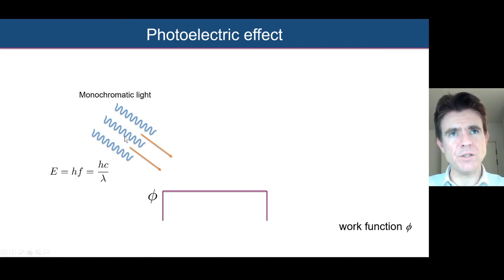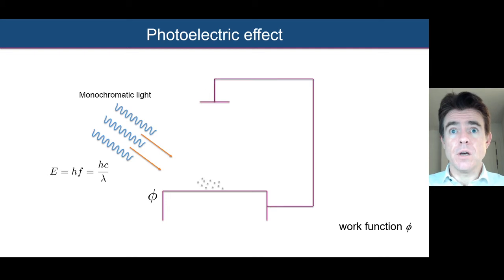So we're now viewing these as photons coming in, and each photon has an energy given by hf, where f is the frequency of the light and h is Planck's constant, as Planck was mentioned on the previous slide. And then if we've got the light coming in, we're getting electrons being emitted from this surface, provided there's been sufficient energy going in, of course, to overcome this so-called work function of the surface.